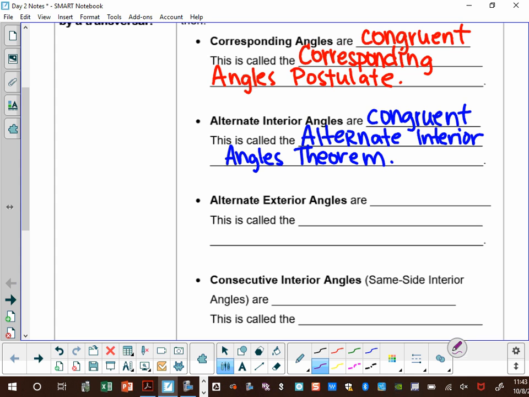All right, alternate exterior angles are also congruent. So it is called the alternate exterior angles theorem.